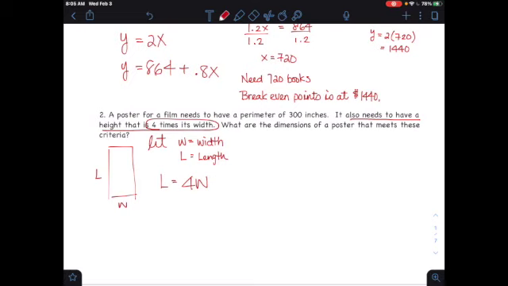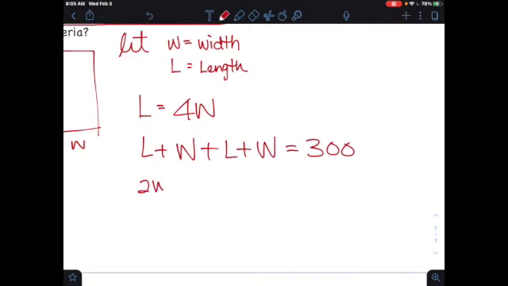There's also the perimeter. Perimeter means all the way around, so it's L plus W plus L plus W equals 300. Actually, you can write 2W plus 2L equals 300. Since L is already equal to 4W, you can substitute.